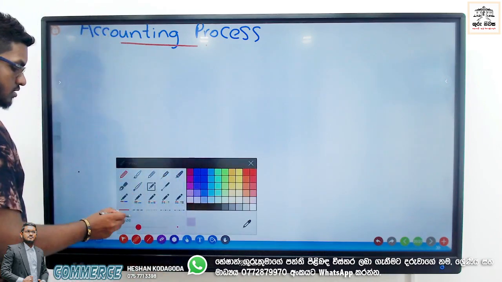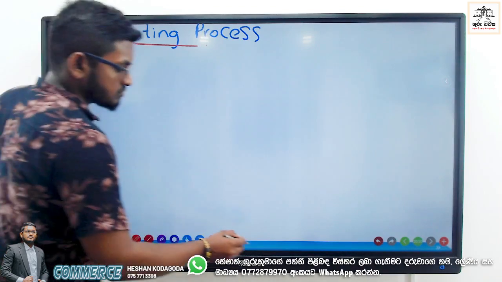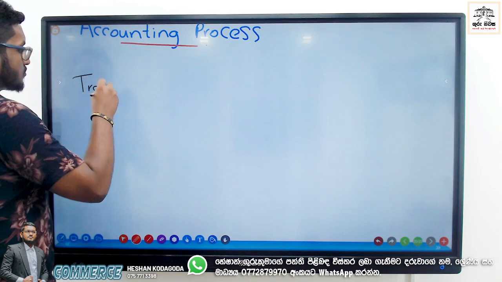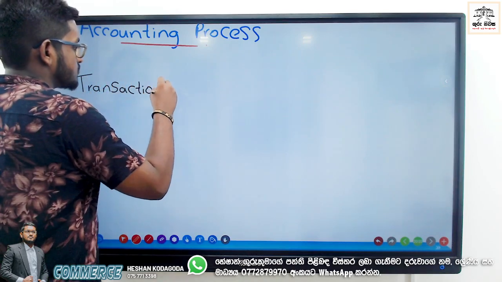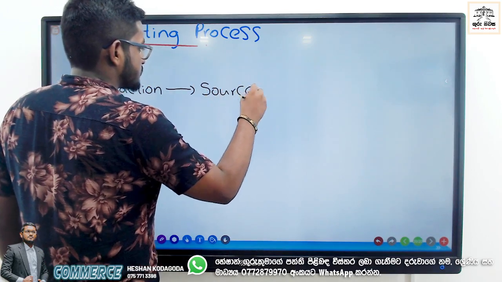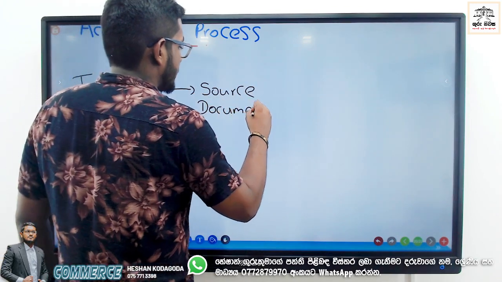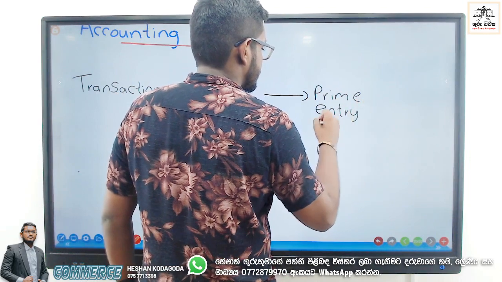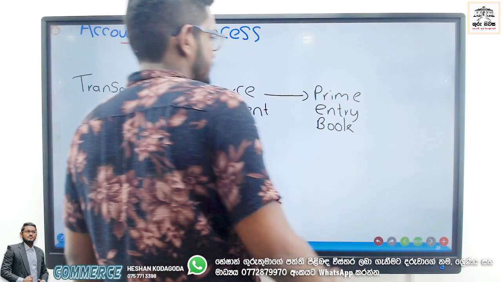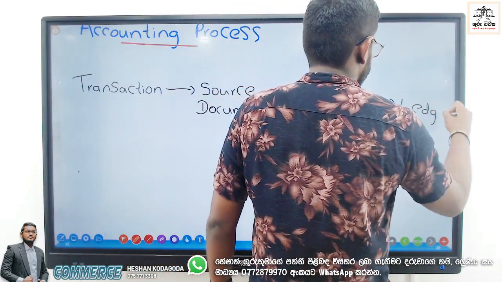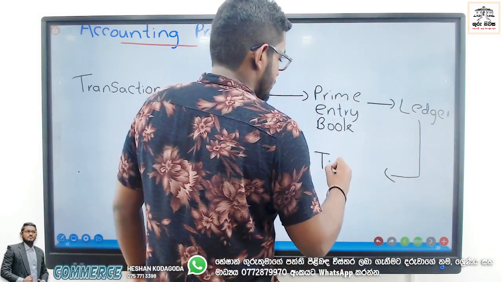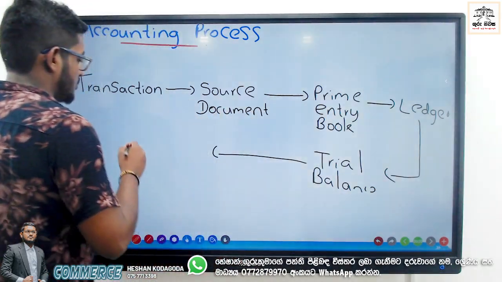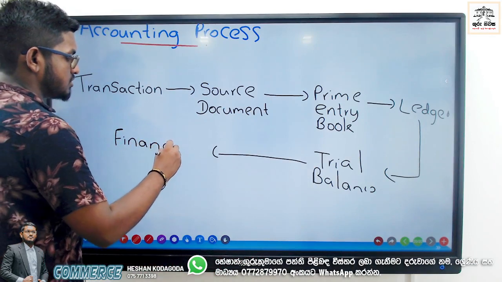Initially you identify the transaction, then the source document, then the prime entry book, then the ledger, then the trial balance. Finally, the financial statements.